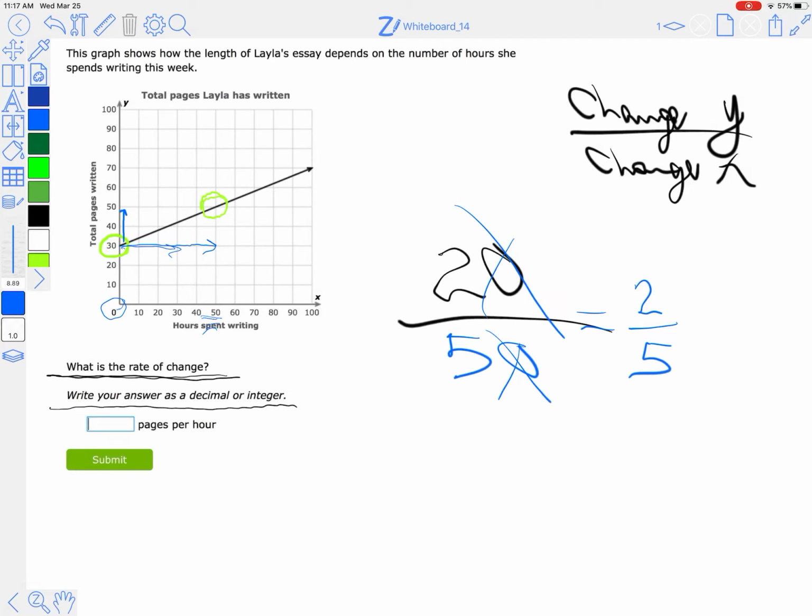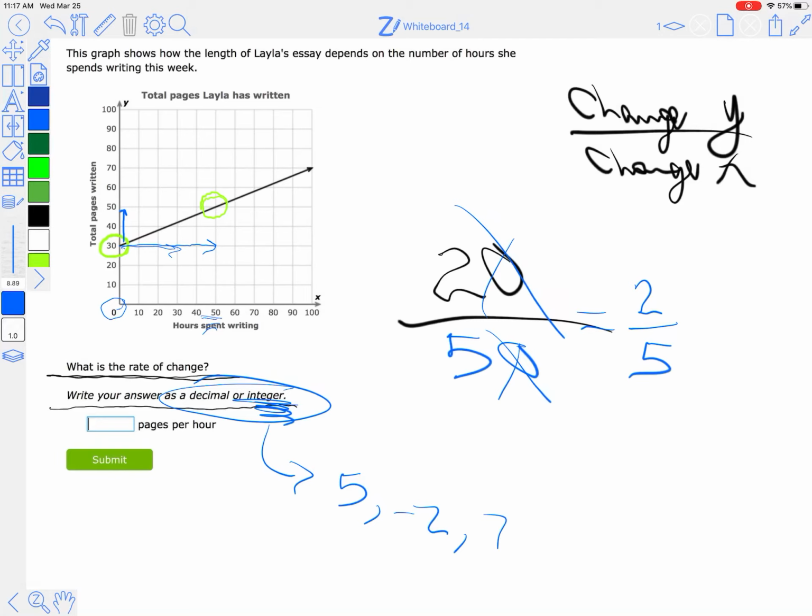But it says in my problem to make sure I answer it as a decimal or an integer. 2 over 5 is not an integer, it's a fraction. So I need to make sure that I convert that to a decimal, because it says a decimal or an integer. Integer means whole numbers, like 5 or -2 or 7.